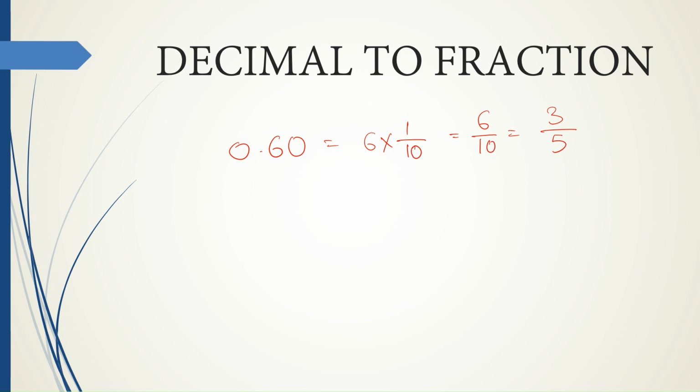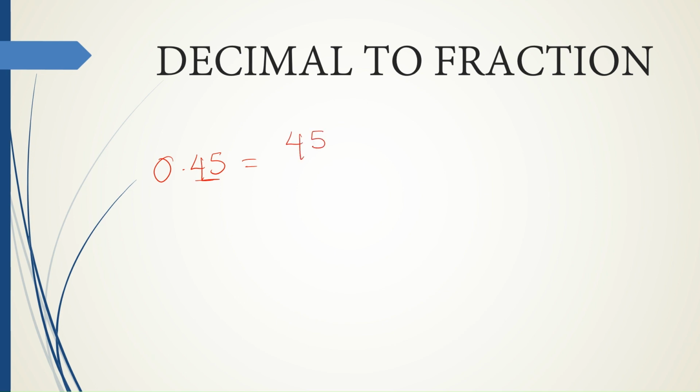The other way of doing this is, when we have a decimal like this, we can directly write it as a fraction. See here we have two digits after the decimal point. So write 45 in the numerator, and in the denominator start with 1, and after 1 we will keep the zeros.